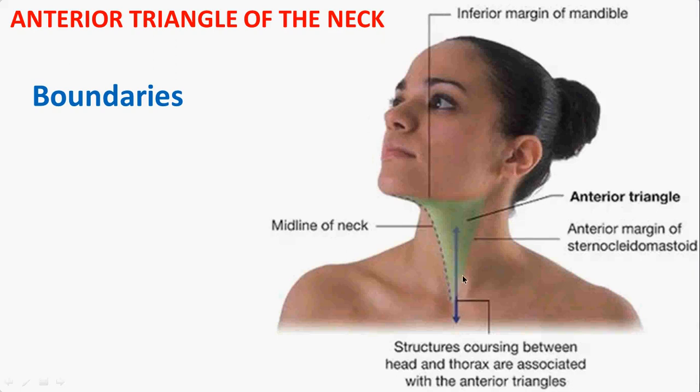At the side there is the sternocleidomastoid muscle. As the name suggests, it arises from the sternum and the clavicle and goes up to the mastoid process, and this is the inferior margin of the mandible. So these are the boundaries of the anterior triangle of the neck.